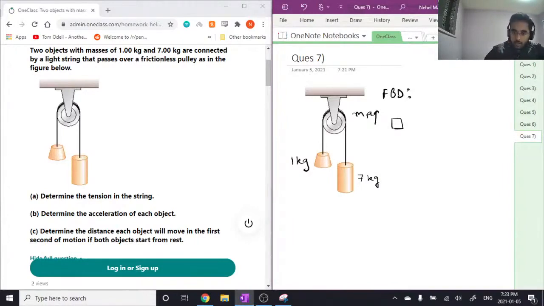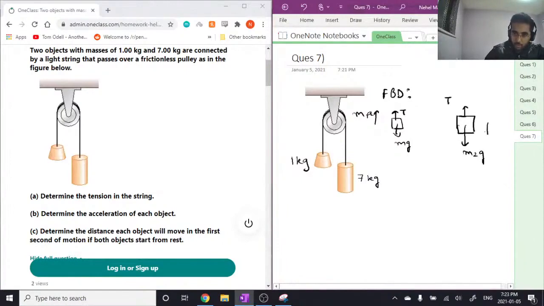The weight of the block is acting downwards, which is mg, and the tension in the string is pulling it upwards, T. For the second block, which is the bigger block, we have the weight of the block pulling it down. The tension wants to resist it, so it's pulling it back up.